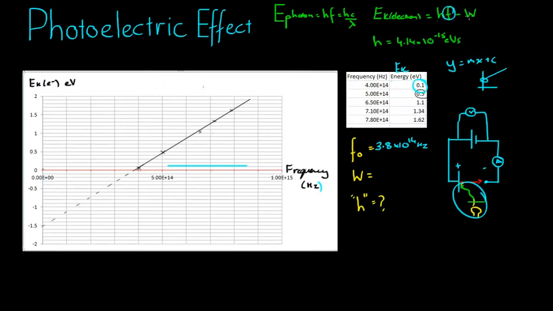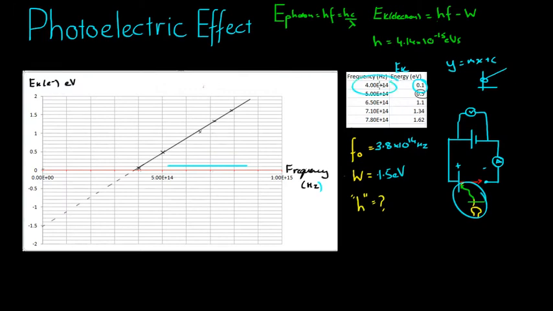In the same way, when f equals 0 here, that term equals 0, and we just get negative W. So in this case, negative W is equal to negative 1.5, therefore W equals 1.5 electron volts. That's how much energy the electrons use just getting off the metal in the first place.